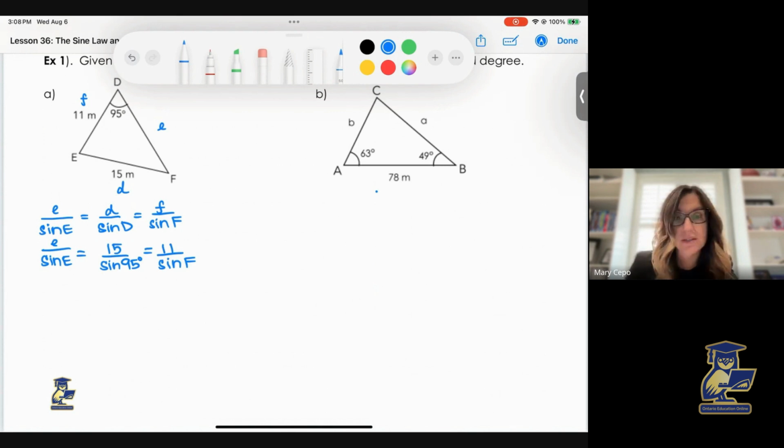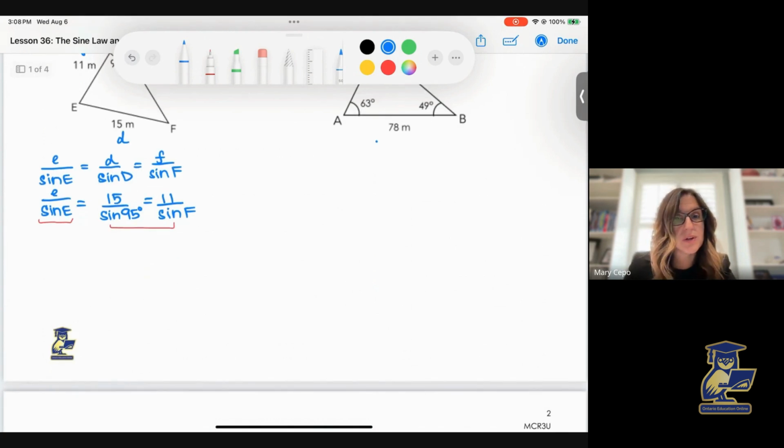Because we set up our sine law, we can only use two ratios at a time. The first does not provide us with anything, so we are going to use these two ratios, or we should say proportions, to help us out. Because we are looking for angle F, we're going to cross multiply.